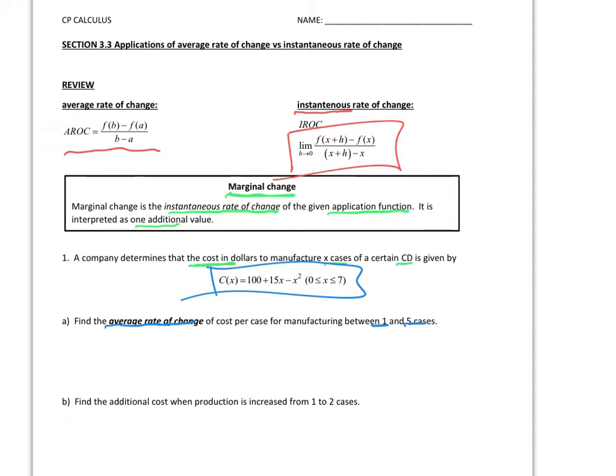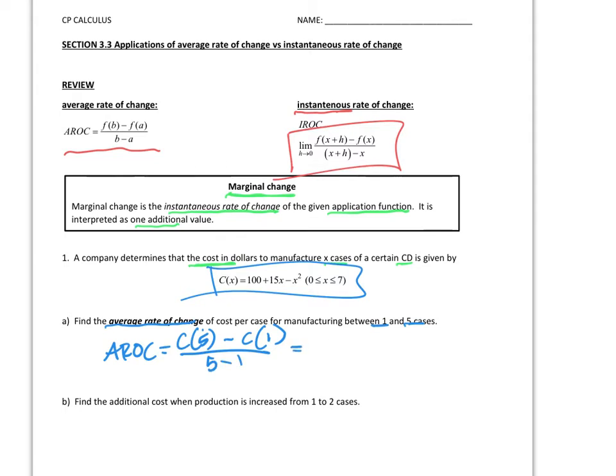So if we set that up, it's going to be the change in cost: the cost function at 5 minus the cost function at 1 over 5 minus 1.